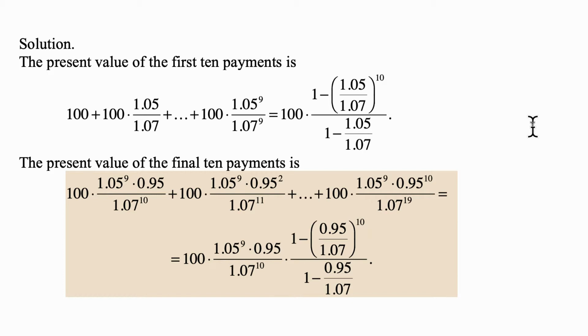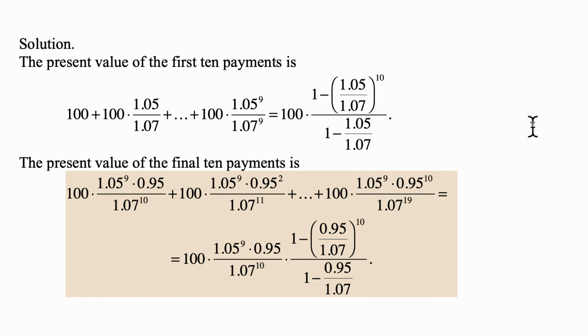And then the next one will be 100 times 1.05 to the 9th, times 0.95 squared over 1.07 to the 11th, and so on up to the last one, which has present value 100 times 1.05 to the 9th times 0.95 to the 10th over 1.07 to the 19th.